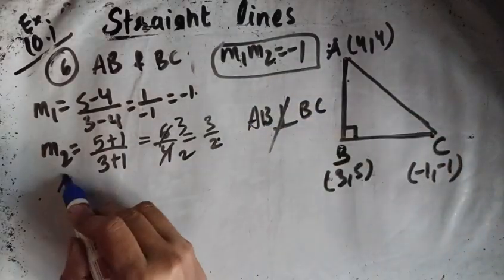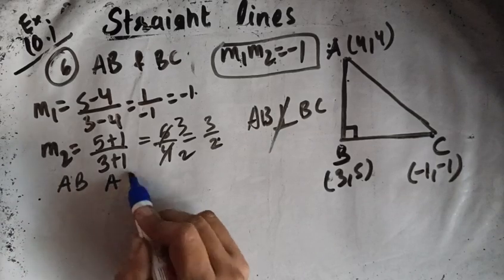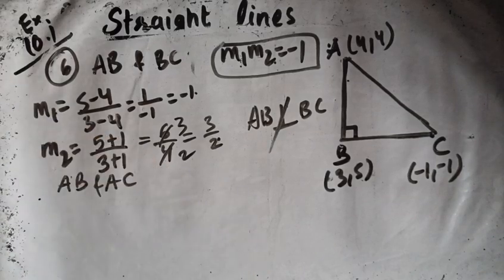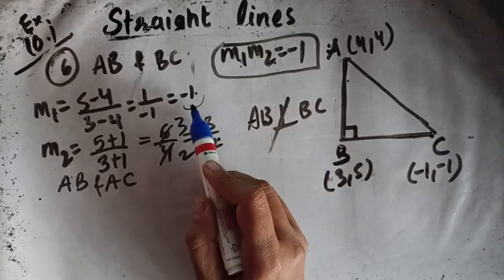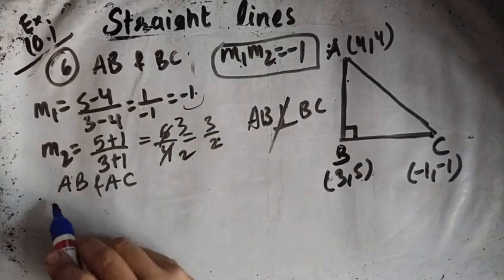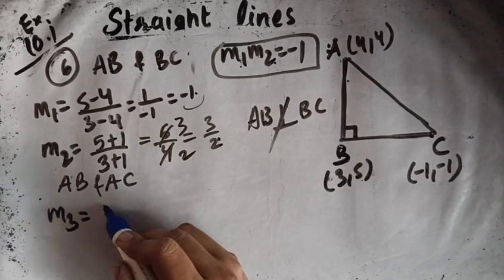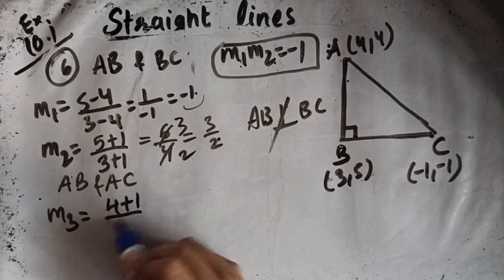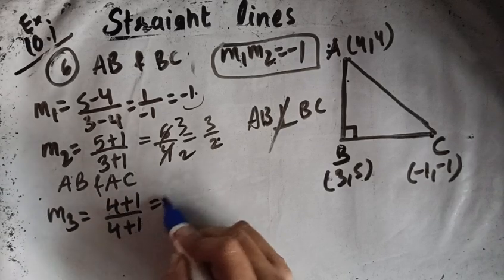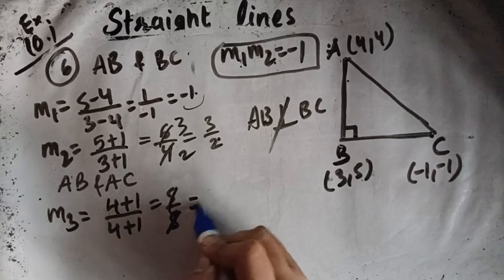Now check for AB and AC. Okay. AB slope we have already calculated, that is minus 1. We have to check for the slope of AC. AC: 4 plus 1 upon 4 plus 1. So 5 by 5, 1.